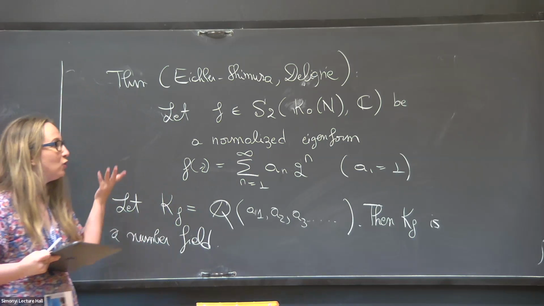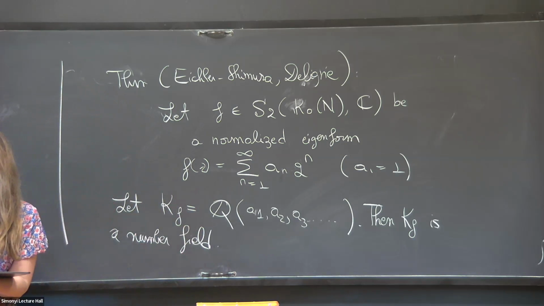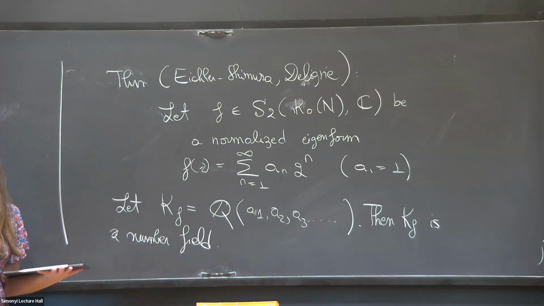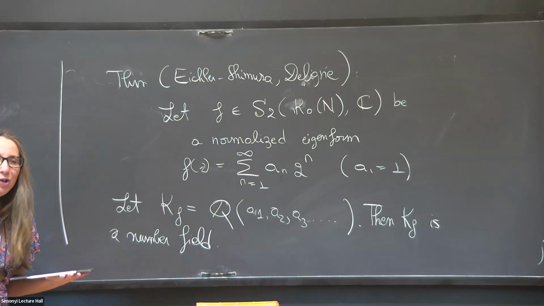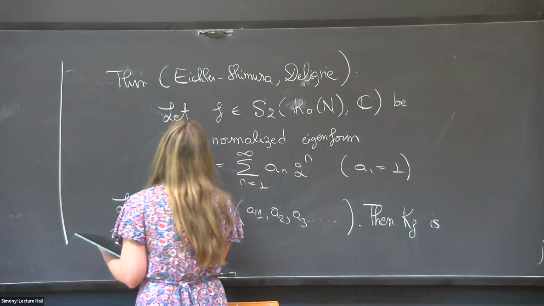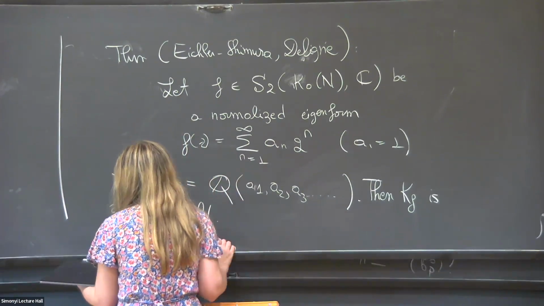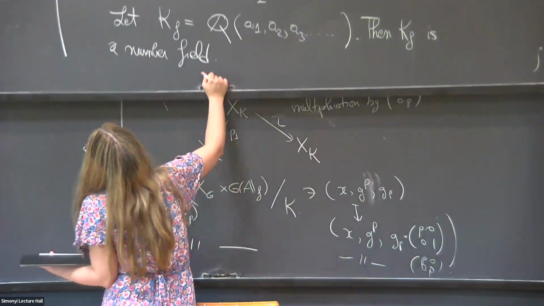And a priori, there's no particular reason this should happen, just by taking some highly symmetric function on the upper half plane, or by taking some holomorphic differential on a Riemann surface. There's not a particular reason to get this algebraicity, but it turns out that you get it.